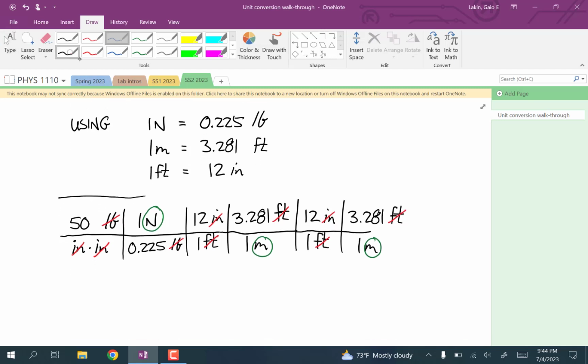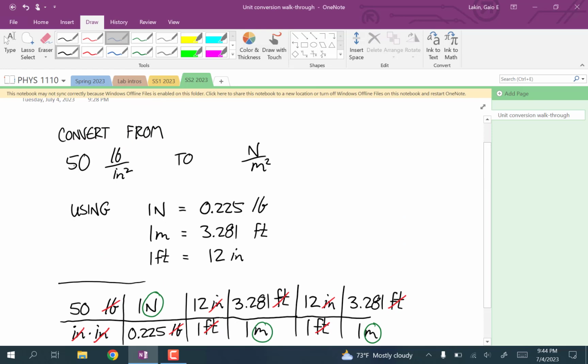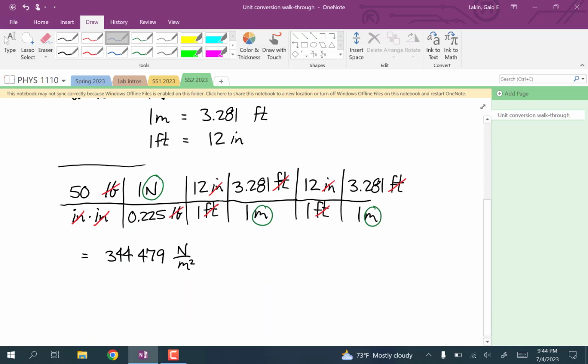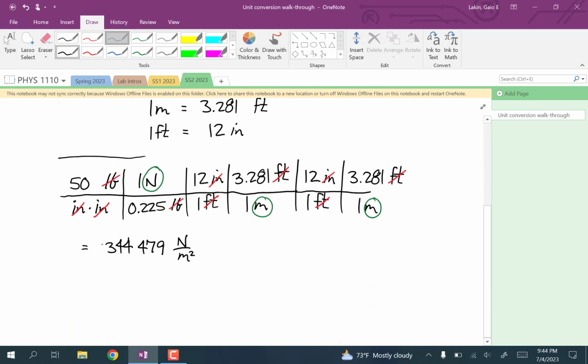And we come up with a final answer of 344,479 newtons per meter squared. So 50 psi, like you would get off of a bike pump or something, is equal to about 344,000 pascals.